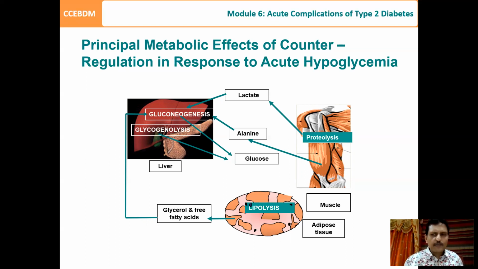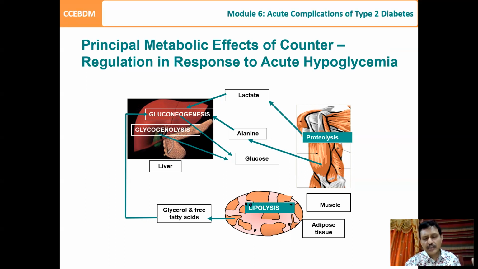So ultimately, the intention of the body is to produce more glucose. How will it produce more glucose? By producing more anti-insulin or counter-regulatory hormones. These counter-regulatory hormones will mobilize the lipids and the proteins from the peripheral tissues, and they also break down glycogen in the muscles and in the liver.